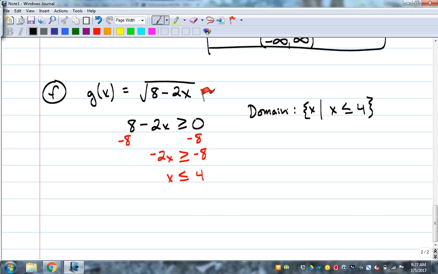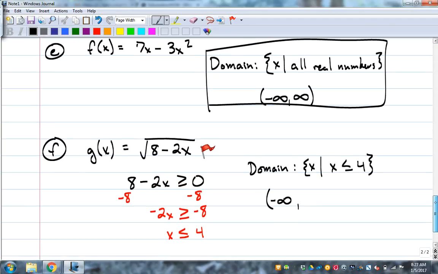Now, the interval notation. If x's are less than or equal to 4, where's it starting at? Parentheses, negative infinity. Parentheses, because you can't get to negative infinity or positive infinity.